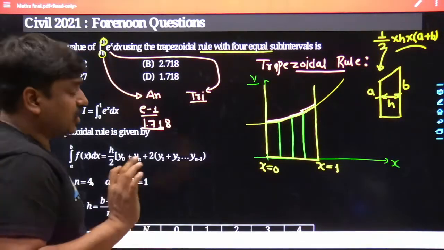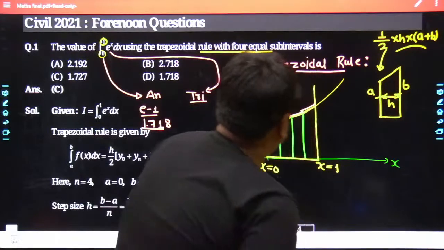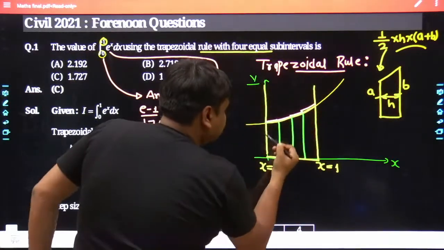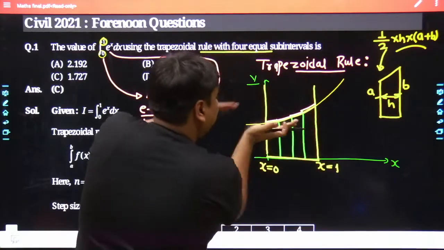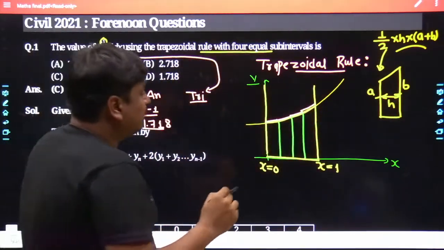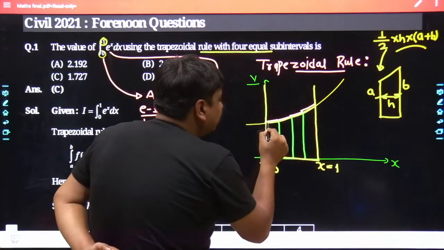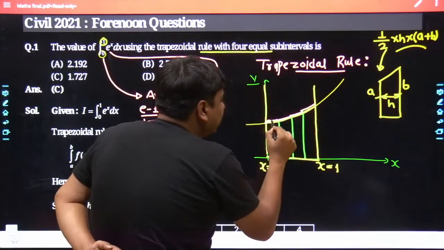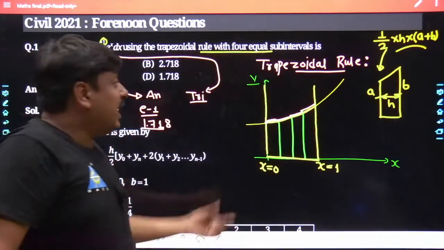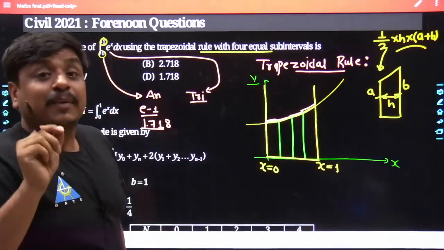My dear friends, try to understand what I am saying. This e to the power of x from x equals 0 till x equals 1 is upward facing concave, and hence if you draw the trapezium taking the reference of their edges, the area calculated by the trapezium would always be greater than the actual area occupied by e to the power of x.